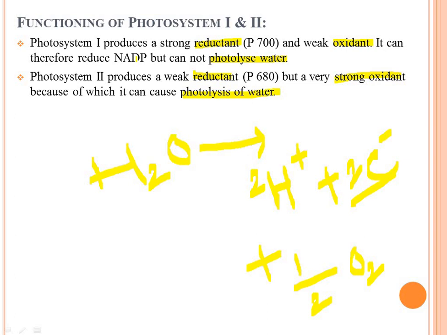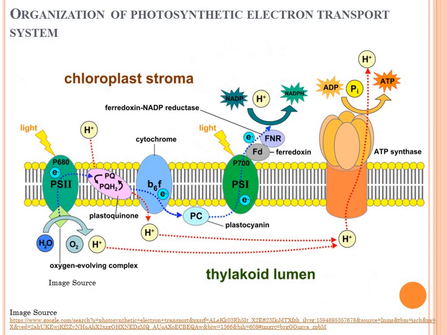The major function is they absorb light and convert it into chemical energy, because all the pigments are present in the photosystems: the reaction center chlorophyll A as well as other accessory pigments. They absorb light in the form of photons and convert it into chemical energy.